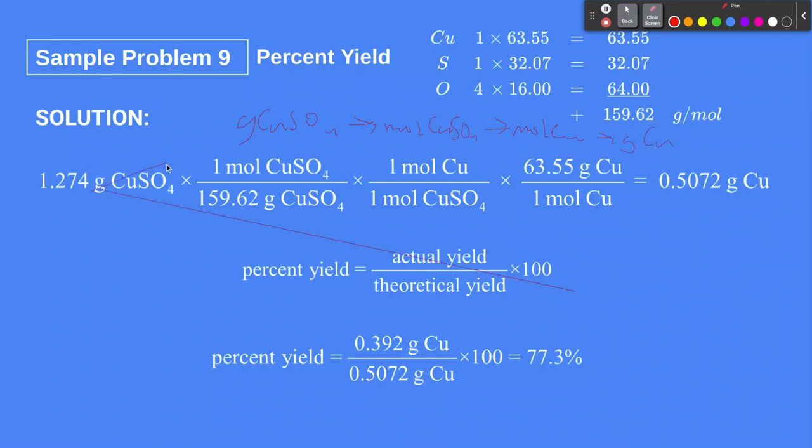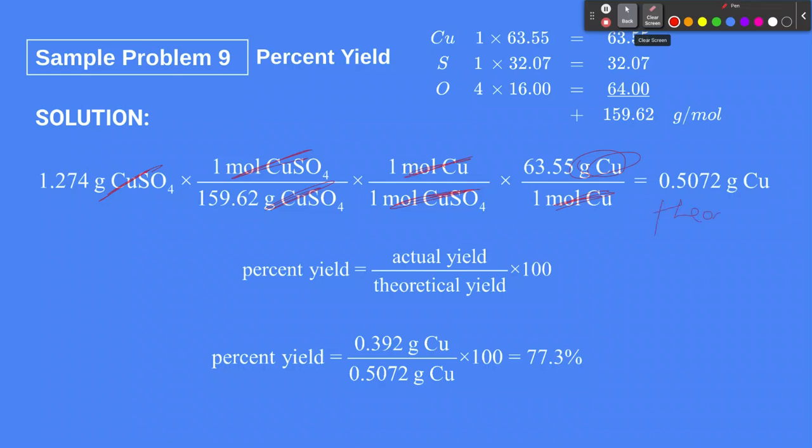So we were getting out of grams of copper 2 sulfate using our molar mass, getting into moles of copper 2 sulfate. We get out of that and into moles of copper using our mole ratio, our mole bridge from our coefficients, out of moles of copper and into grams of copper for our unit. We should be able to produce 0.5072 grams of copper.